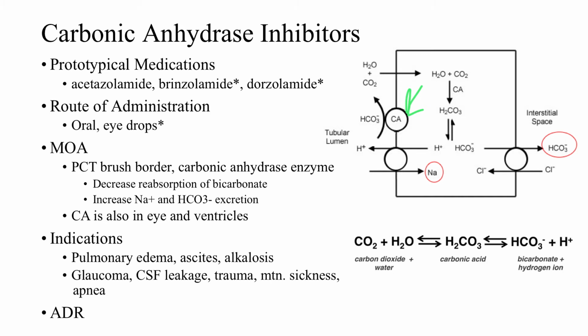So if we do not have carbonic anhydrase there to initially interfere with this reaction where the bicarbonate and the hydrogen got together, then we don't have it made into water and CO2 and able to diffuse into the cell. So we essentially arrest it at one stop.